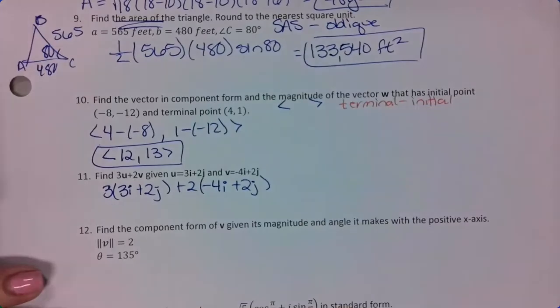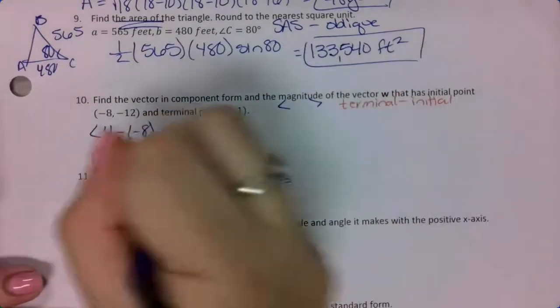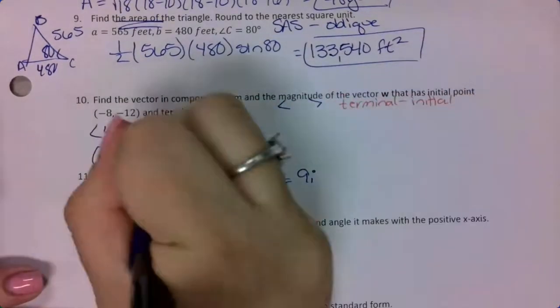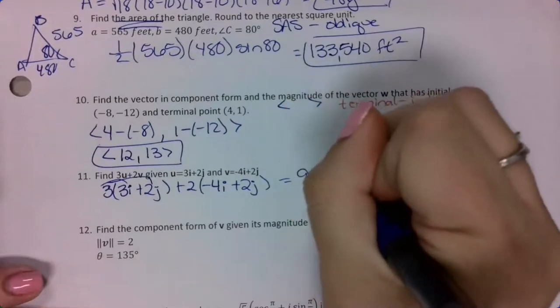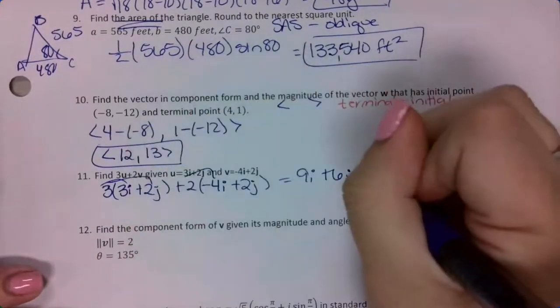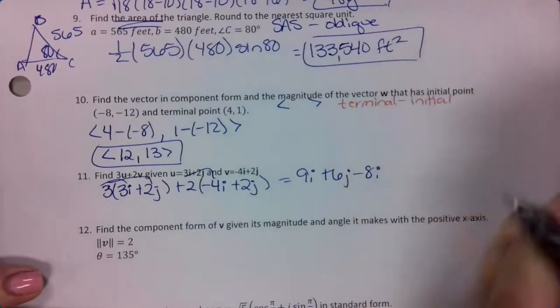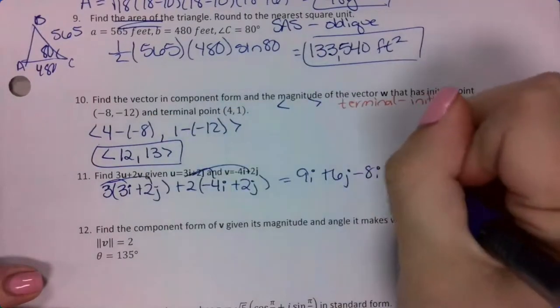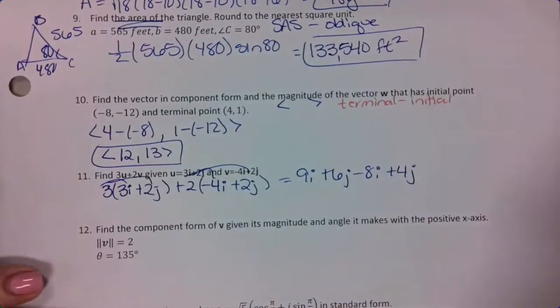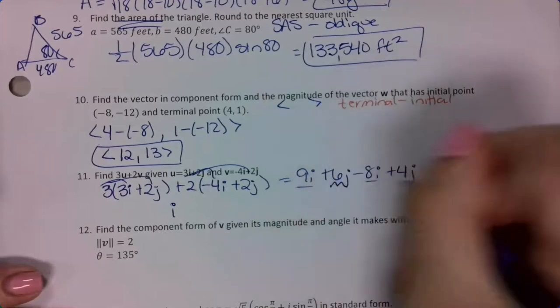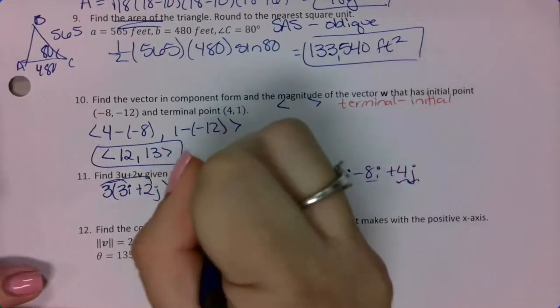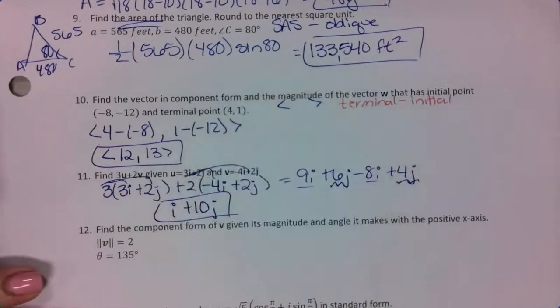I'm going to go ahead and distribute. 3 times 3i gives me 9i. 3 times 2j gives me 6j. 2 times -4i gets me -8i. 2 times 2j gets me 4j. Combining like terms, 9 minus 8 gets me i. 6 plus 4 gets me 10j. That is my final answer here.